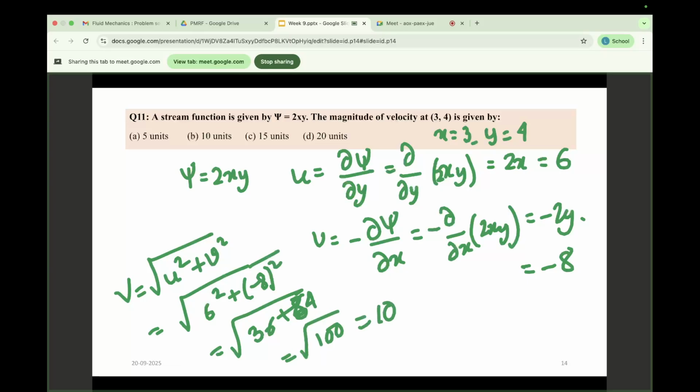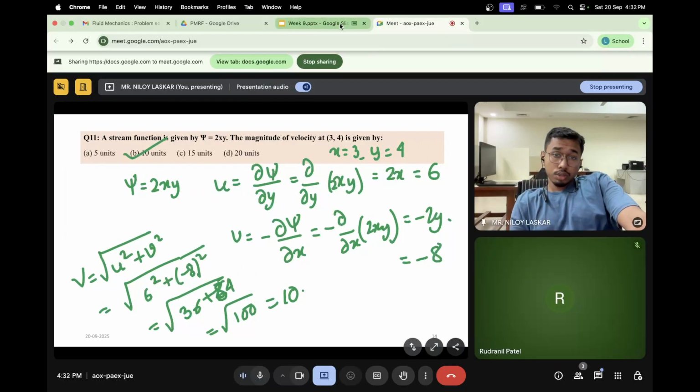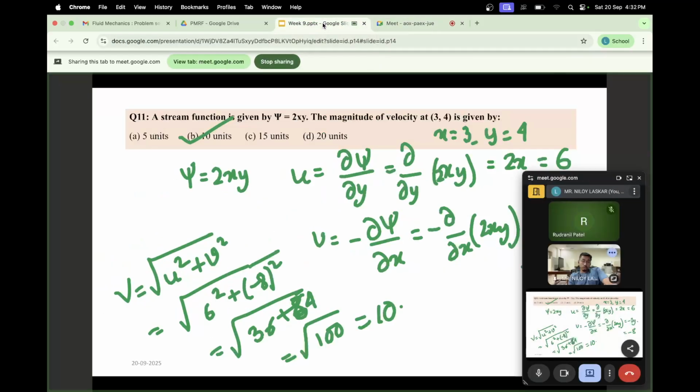So the correct option is option B. Rudunil, your answer is correct. It is option B, 10.